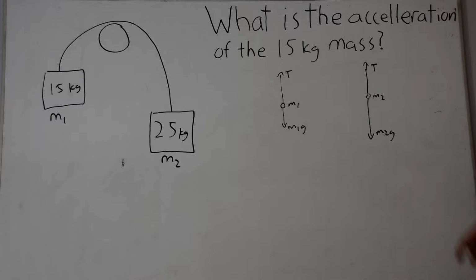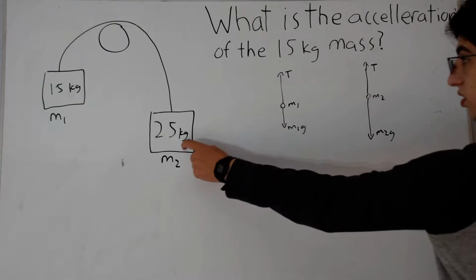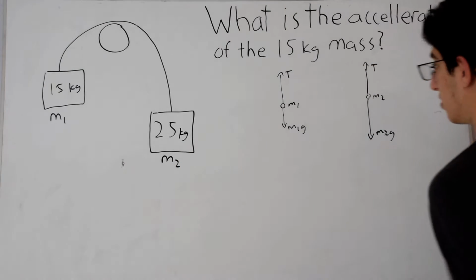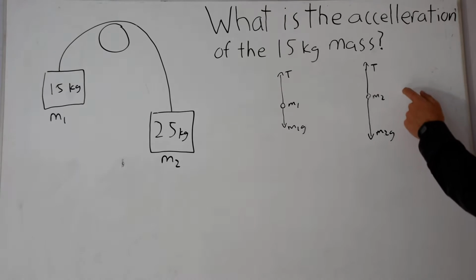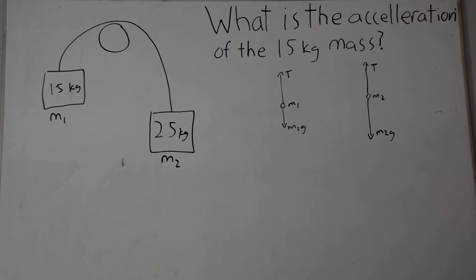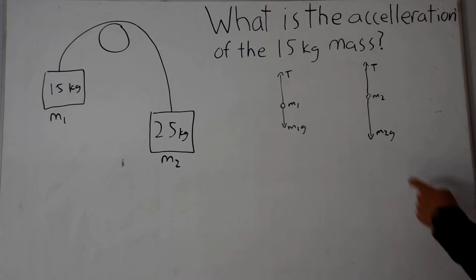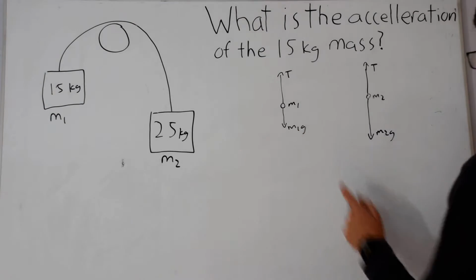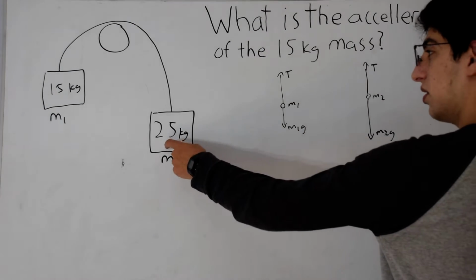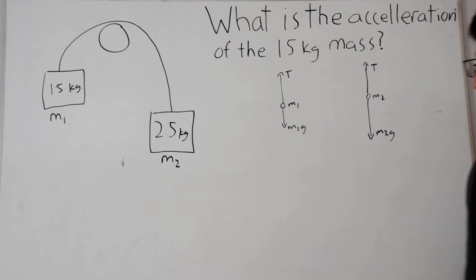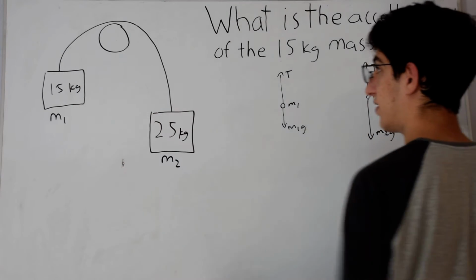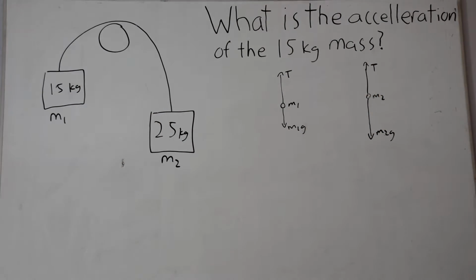And if you can see here, the force of gravity on M2 is greater than the tension force. And the reason why it's greater than the tension force is because this larger mass is going to go downwards. So the downwards force must be greater than the upwards force. And it also makes sense that this M2G is greater than M1G because obviously the force of gravity on a 25 kilogram mass is going to be bigger than the force of gravity on a 15 kilogram mass.